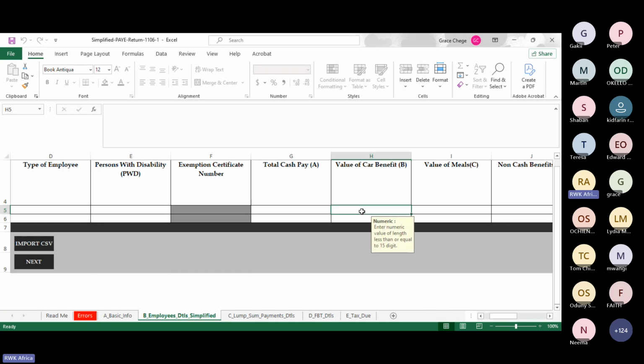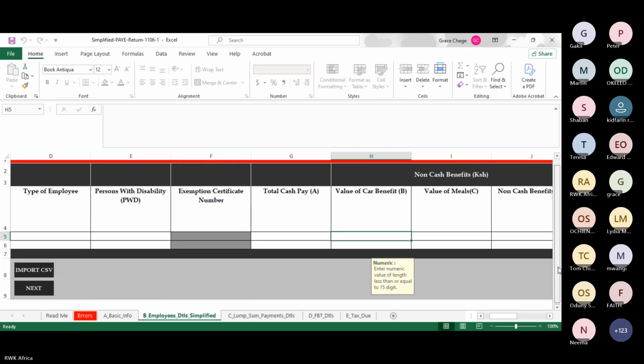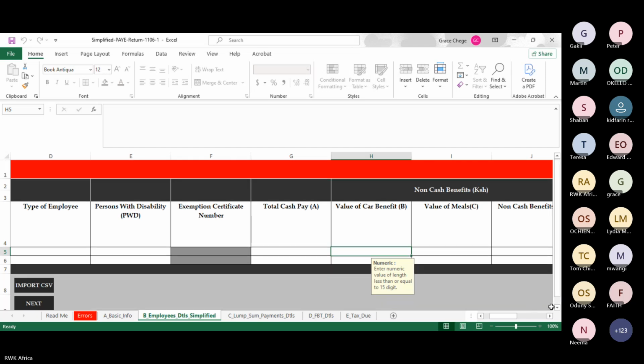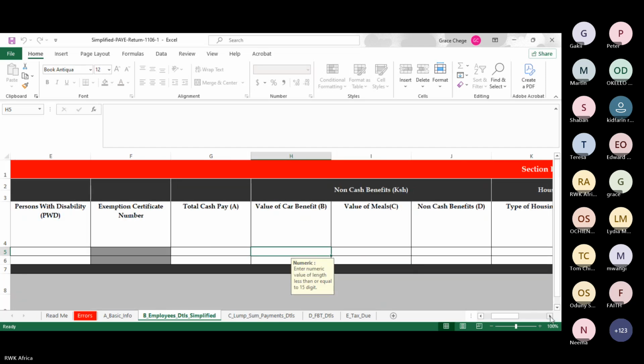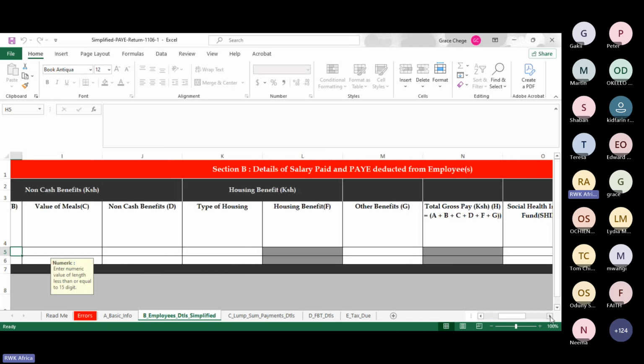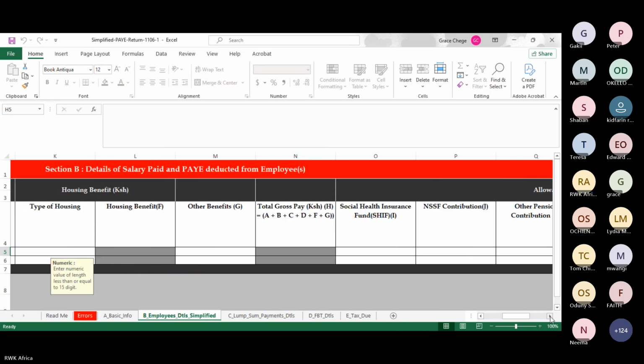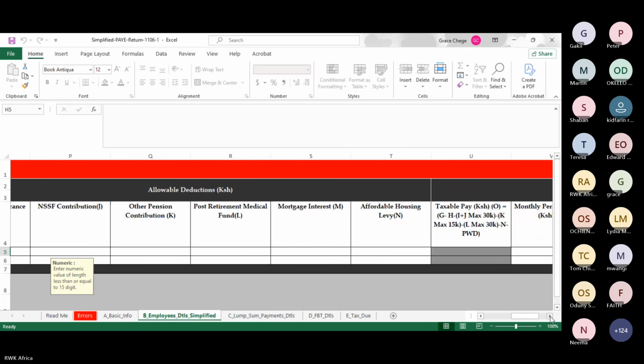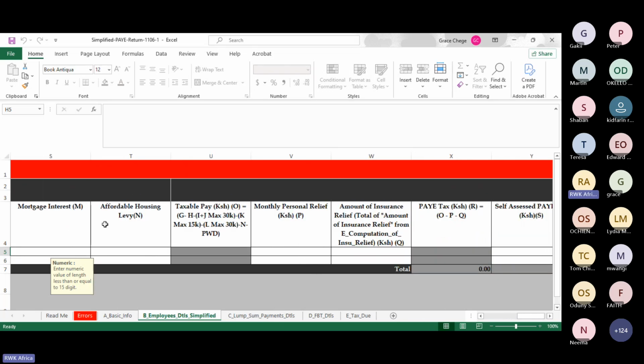So upon computing the car benefits offline, you're going to input that figure here. The part of non-cash benefits remains as it is. Housing levy is here. So you'll be computing housing levy in your Excel and putting that figure here.